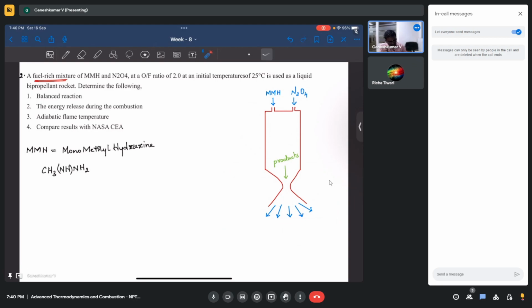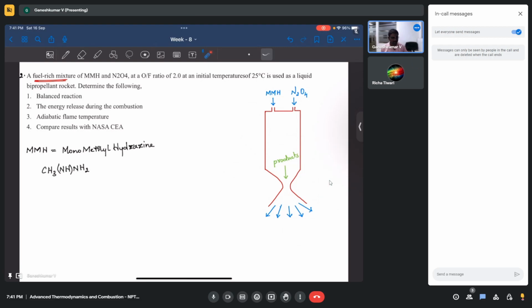But basically, in this question, we are interested in what the combustion is and what these products are, because these products are going to get accelerated, right? We need to know what these products are and what the temperature is here. I'm converting thermal energy into kinetic energy, so I need a very high thermal energy.